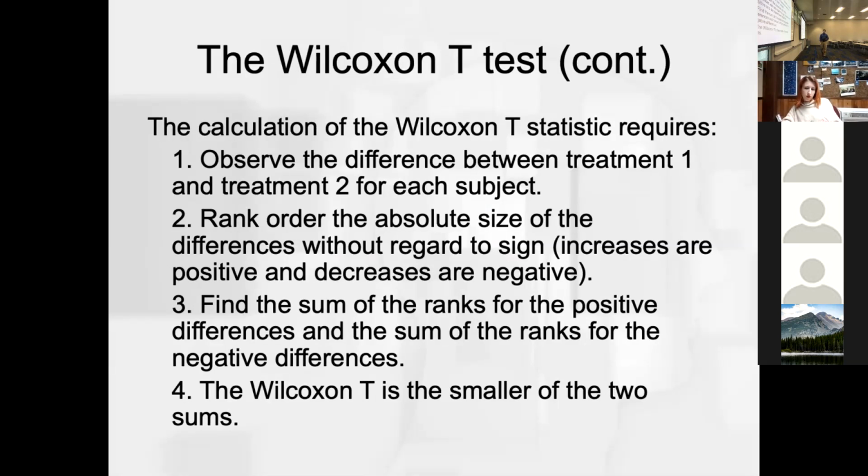So to calculate the Wilcoxon T statistic, you first observe the difference between treatment 1 and treatment 2 for each subject. You then rank the absolute value of those differences. So again, we're not taking the positive and negative.